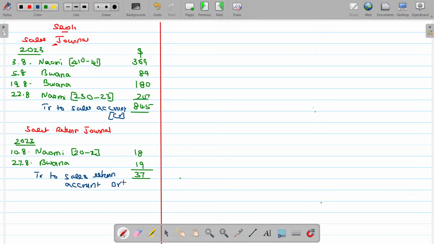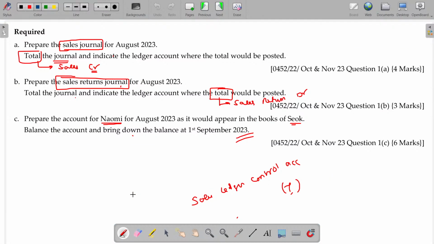How are the marks given in your examination? 1 mark for this, 1 mark for this, 1 mark for this, 1 mark for this, and 1 mark for this. Then the ultimate total 875, where to transfer, 1 mark for that, and 1 mark for this. That's how the marks are given in your examination, so you can enjoy scoring easily.